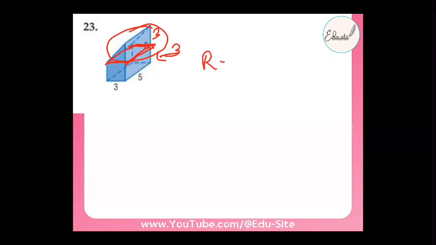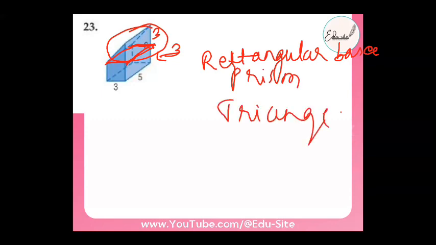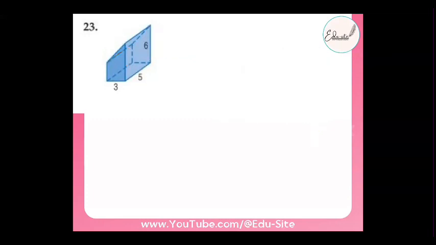So you have 2 things: rectangular-based prism and triangle-based prism. Okay? You're going to calculate for 2 things. So it will be easy actually. Just give it a try. Inshallah, you will get it.